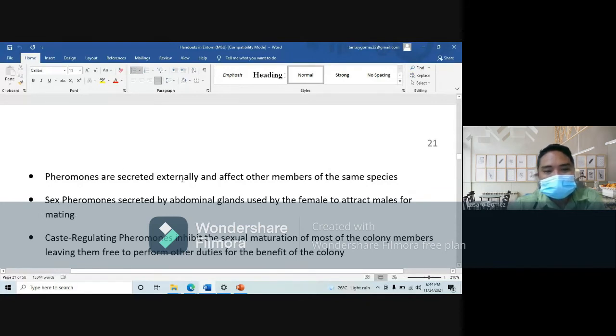Pheromones are secreted externally and affect other members of the same species. The sex pheromones are released first, through its abdominal glands, and used by the female to attract the male for mating.